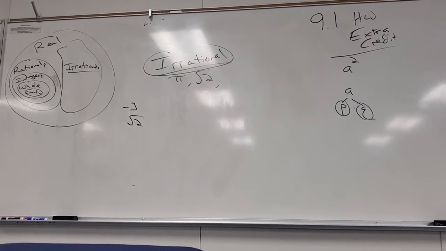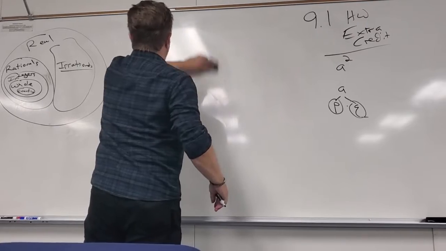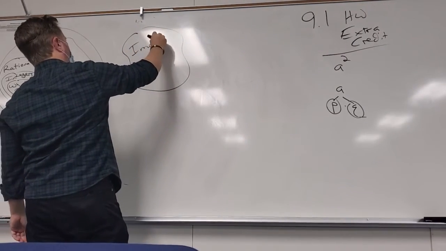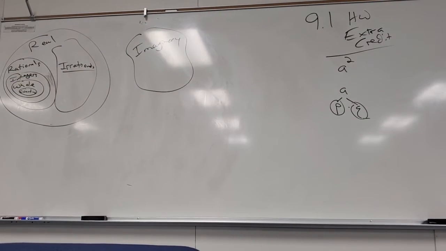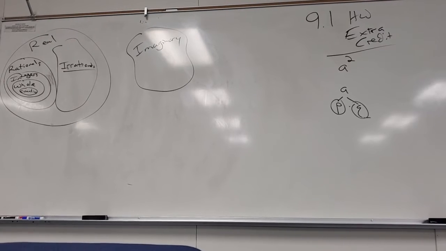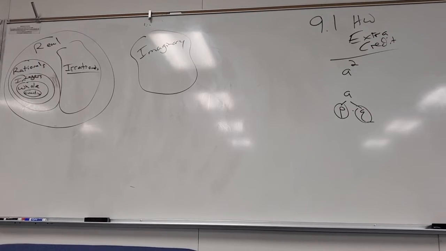So, just to complete this, over here we have what's unfortunately called imaginary. At some point in history, people wanted to call negative numbers imaginary. And then we kind of fought against that, and then this stuck. Anyway, enough about imaginary.